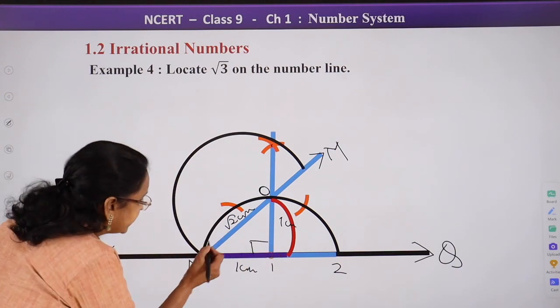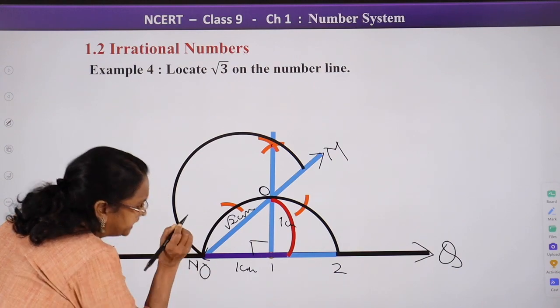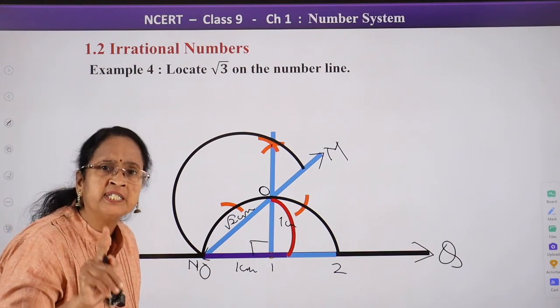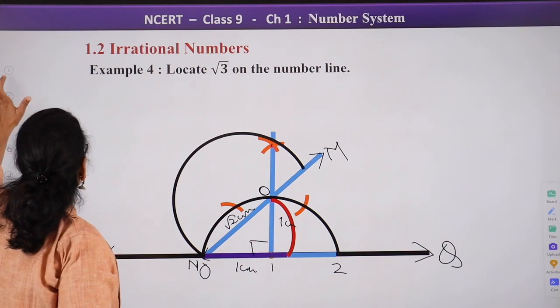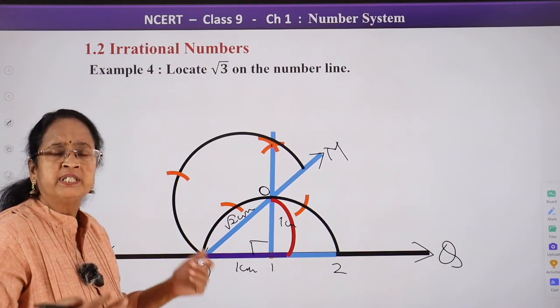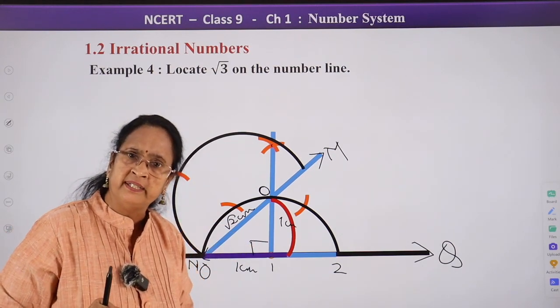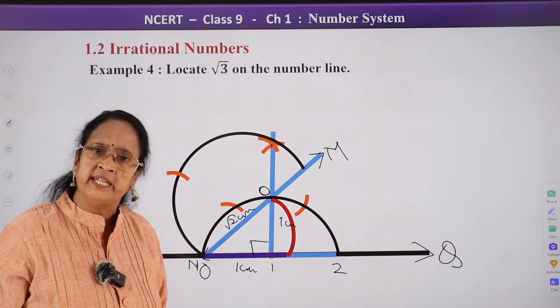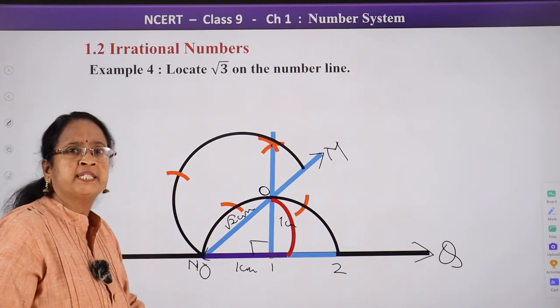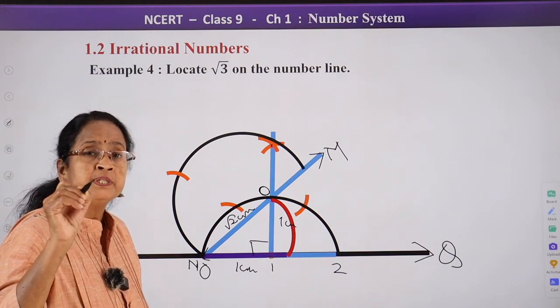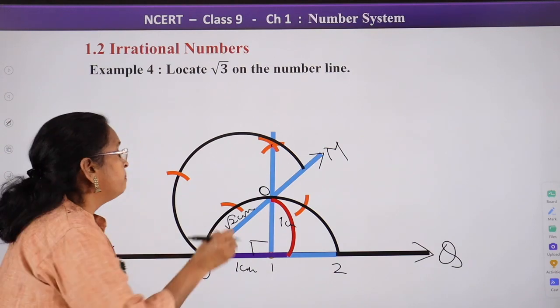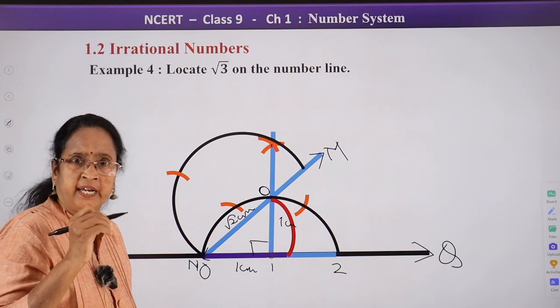So taking this O, this point N, as the first center, I draw an arc. Now this is the 60 degree arc. The first arc is 60 degree. From this 60 degree arc, your compass point should be on this 60 degree.